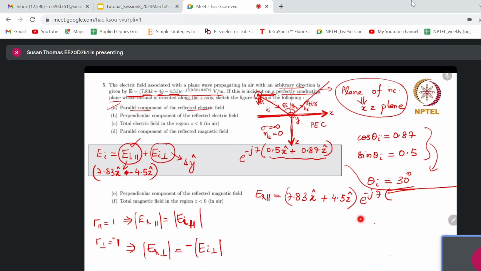If you resolve, you will have two components, x and minus z. So e raised to minus j beta into 0.5 x minus 0.87 z. That is your ER parallel.